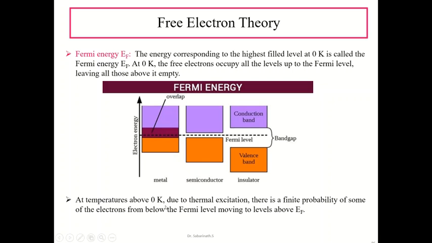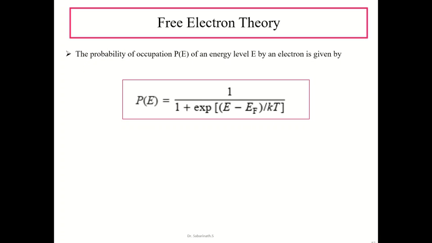At temperatures above 0 Kelvin, due to thermal excitation, there is a finite probability of some of the electrons from below the Fermi level moving to levels above the EF. The probability of occupation P of E of an energy level E by an electron is given by P of E is equal to 1 by 1 plus exponential of E minus EF, the whole divided by KT.